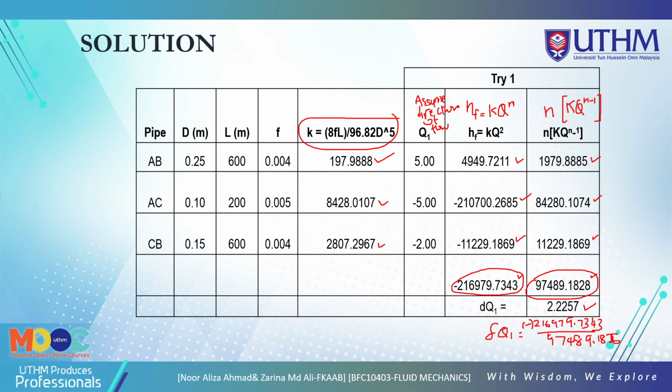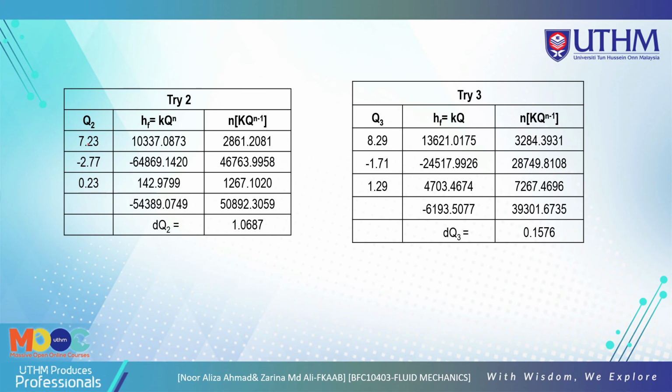Actually this is positive. So you get the value. Based on the 2.2257, the 5 plus the 2.2257 here, you get the value of 7.23.